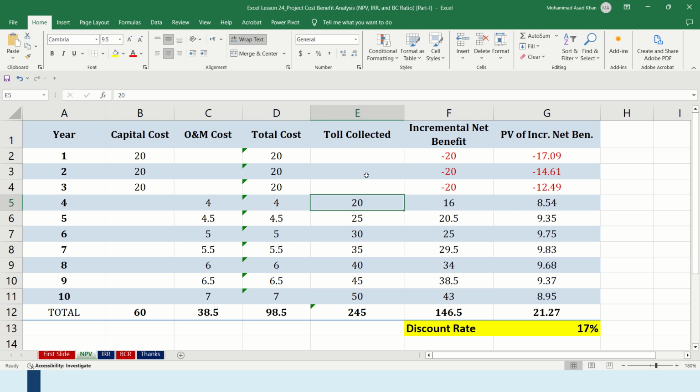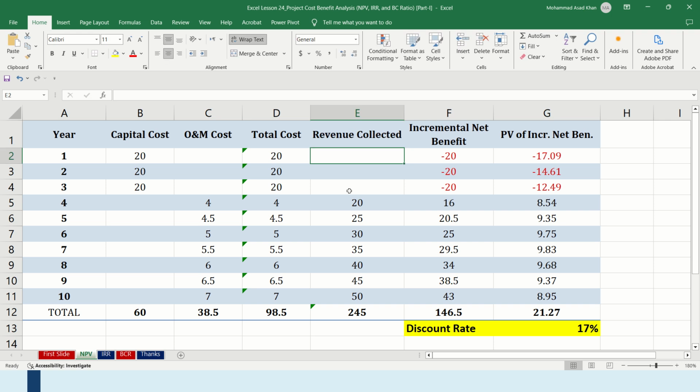Now suppose that this is the final revenue collection. I have mentioned it as toll collected because I was thinking of a road project, but now I am telling you about the corporate project. So rather than toll collected, you can write revenue collected.